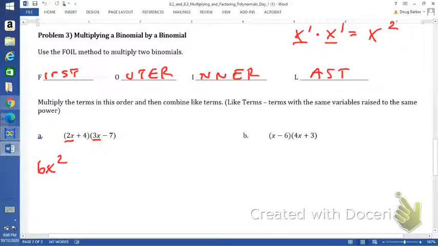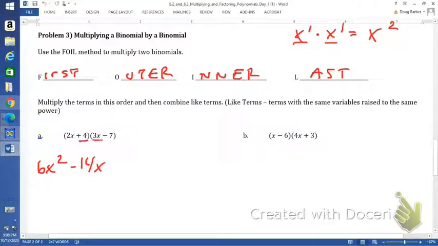Then we're going to multiply the outer terms. So 2x and a negative 7. So 2 times negative 7 is negative 14, and then x. Then we're going to do the inners. We're going to multiply the inner terms.